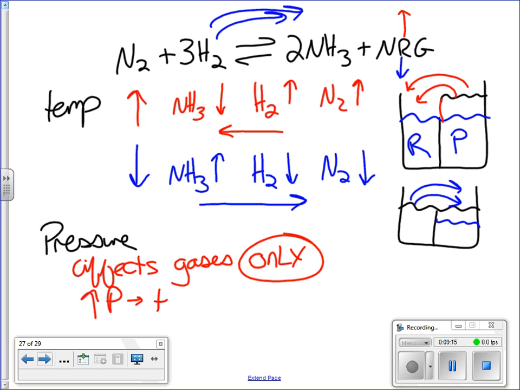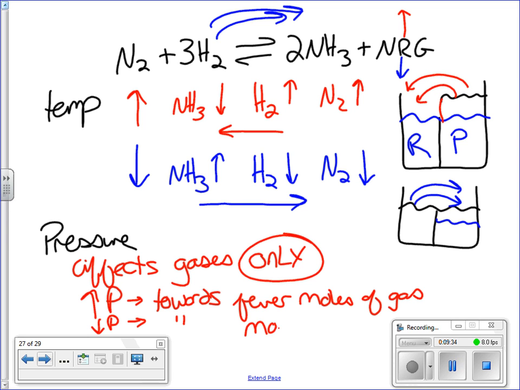So towards fewer moles of gas. An increase in pressure goes to fewer moles of gas. So a decrease in pressure goes towards more moles of gas and has the opposite effect.